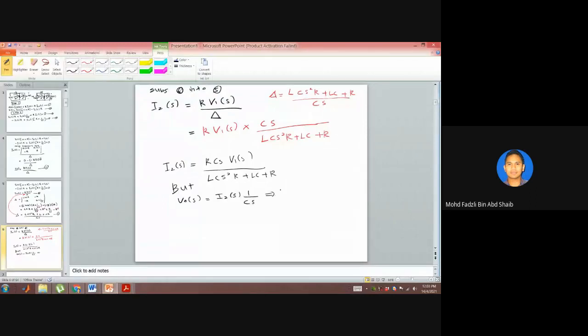So VOS equal I2S times 1 over CS. Okay, this is question number 7, and this is question number 8. So, substitute.